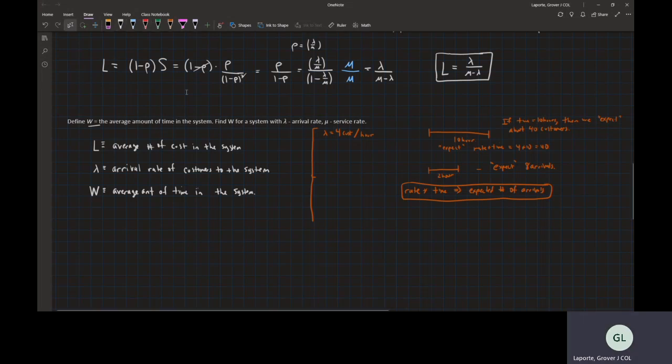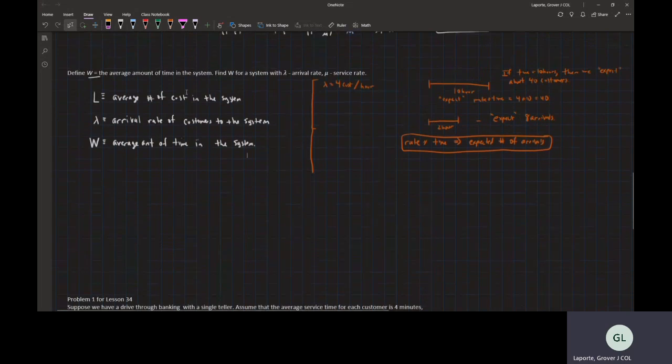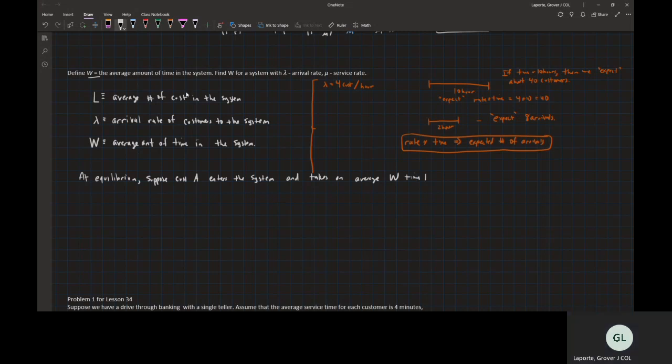Okay, so let's suppose that at equilibrium, customer A enters the system and takes, on average, W time to go through.